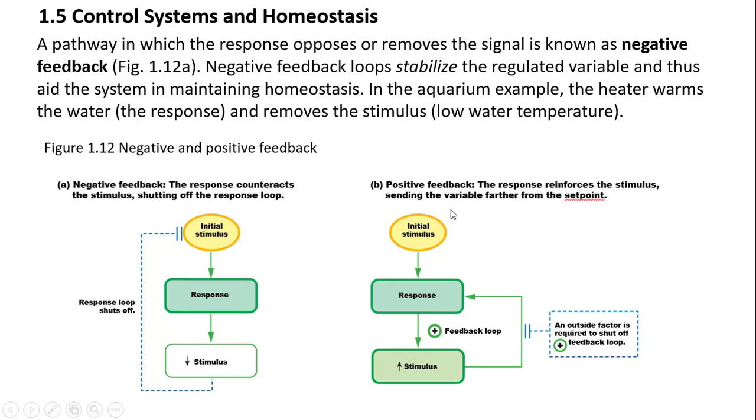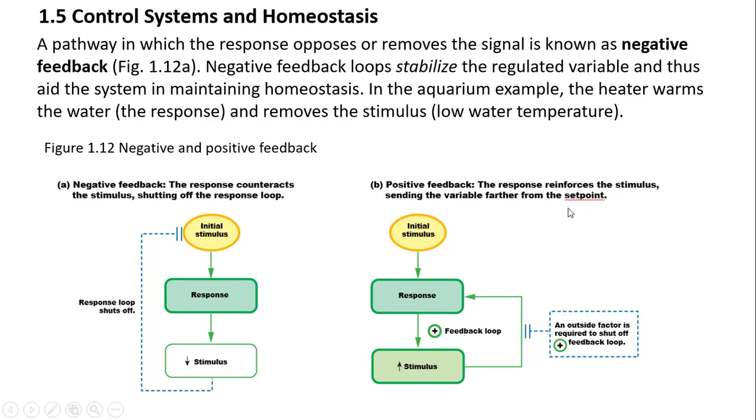Now there is another type of feedback that's used quite a lot in biological systems, that's positive feedback. The response reinforces the stimulus, sending the variable farther from the set point. So you have an initial stimulus, and you get a response, and that actually increases, say, the stimulus, and then this feeds back onto the response, causing an even greater increase in stimulus. So basically, in this sense, there is no true set point.